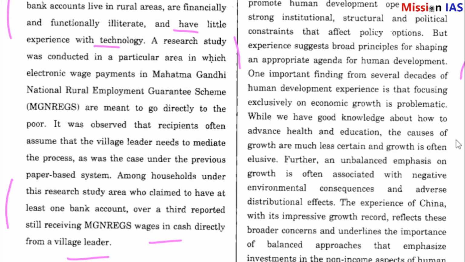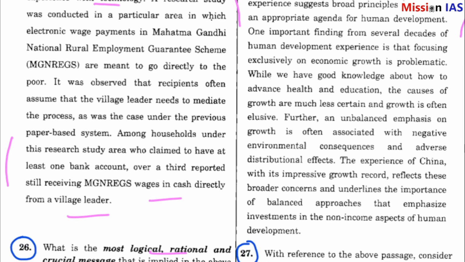While we have good knowledge about how to advance health and education, the causes of growth are much less certain and growth is often elusive. Further, an unbalanced emphasis on growth is often associated with negative environmental consequences and adverse distributional effects.